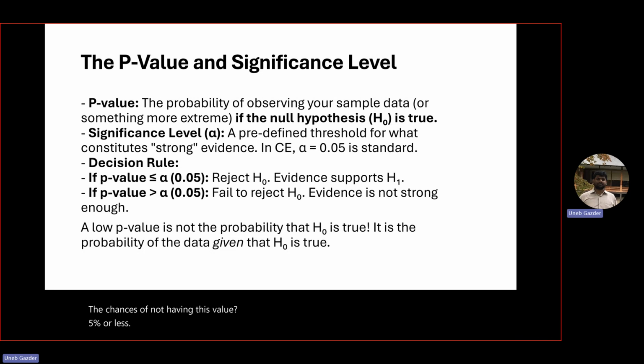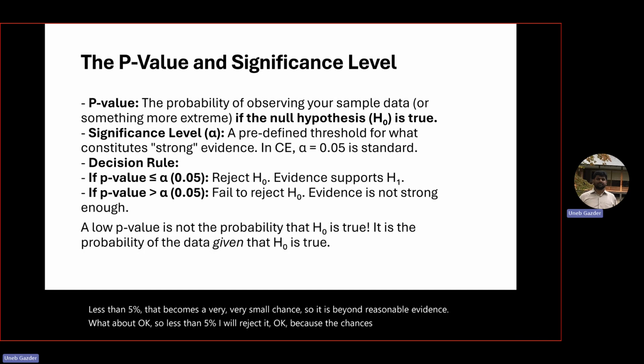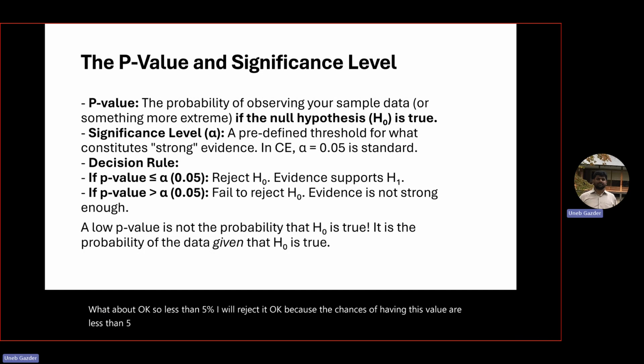So I will reject it, because less than 5% becomes a very, very small chance. It's beyond reasonable evidence. Got my point? So less than 5%, I will reject it. Otherwise, I will accept it.